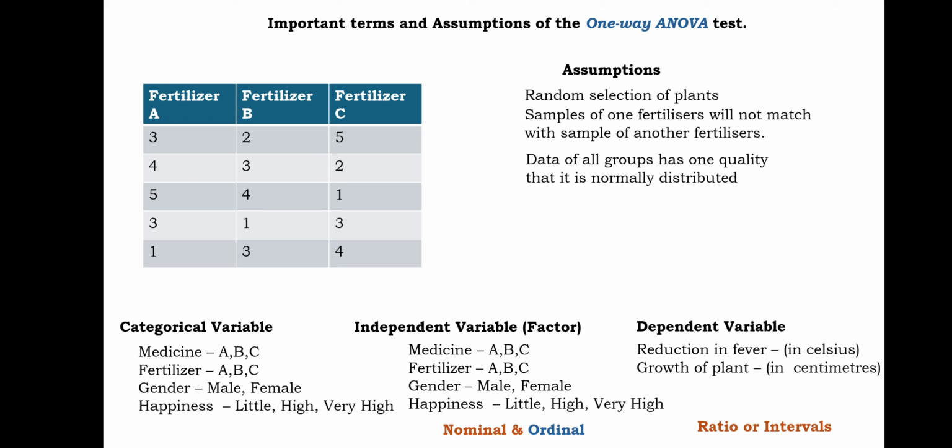It will behave just like normal data, and it is a very important condition for the one-way ANOVA test. One more condition is that the variance of all the groups, fertilizer A, fertilizer B, and fertilizer C, will be almost equal. If the variance of all the groups is not approximately equal, the one-way ANOVA test will not be a good test.